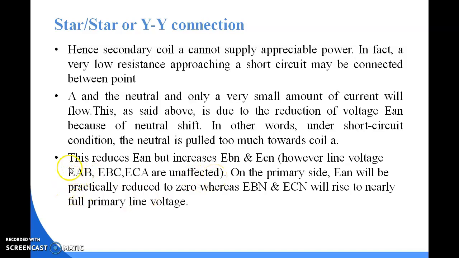EAB is the line voltage from A to B phase. EBC is the line voltage from B to C phase. ECA is the line voltage from C to A phase. On the primary side, EAN will be practically reduced to 0, whereas EBN and ECN will rise to nearly full primary line voltage.